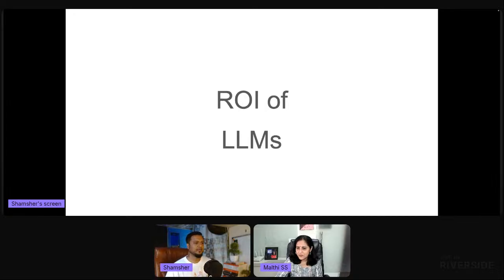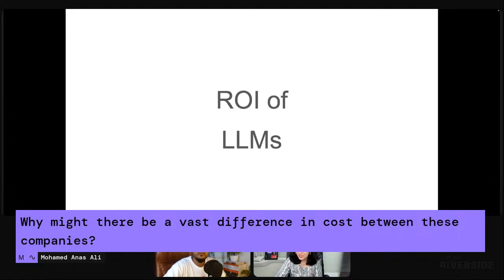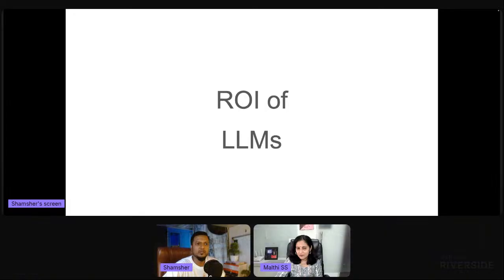Yeah, perfect. One question from Mohammed is why there might be a vast difference in cost between these companies. I think he's talking about cost of inference. So like I said, inferencing requires GPU power, which means every input and every output runs on GPU.